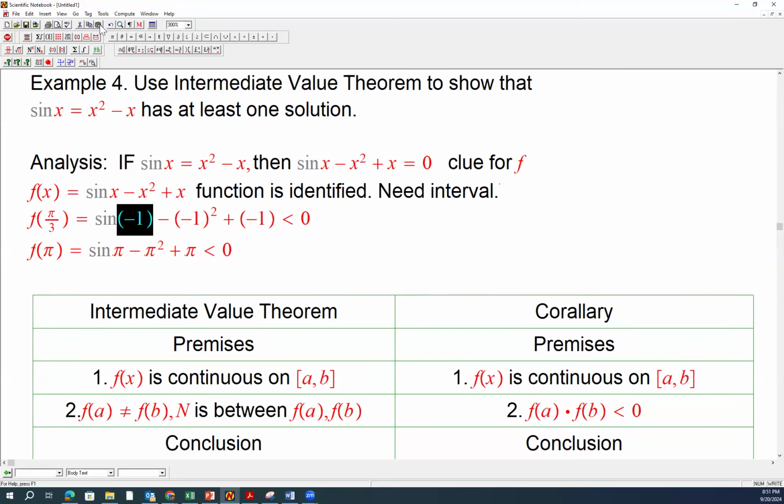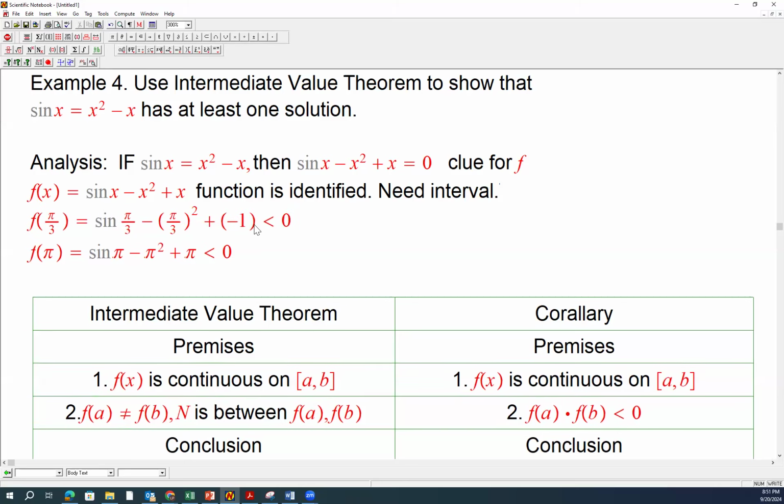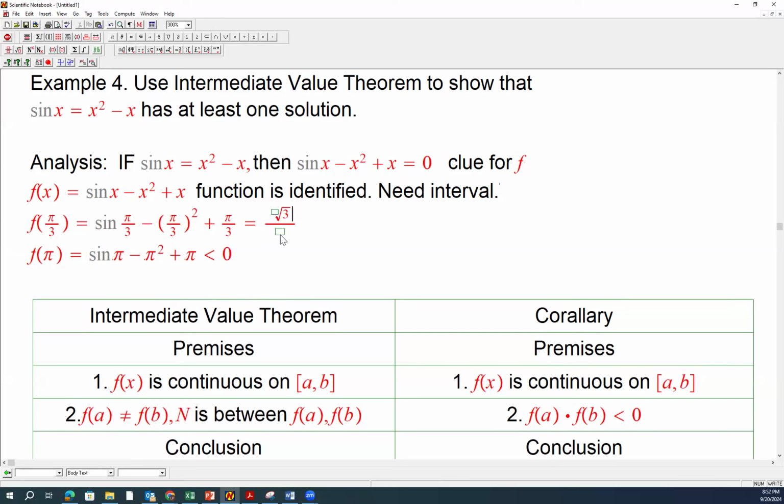So this is going to be pi over 3, and this is going to be pi over 3. Let's see what we get. Sine of pi over 3 equals root 3 over 2. And that piece, what do we get?